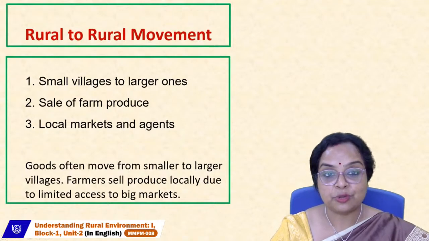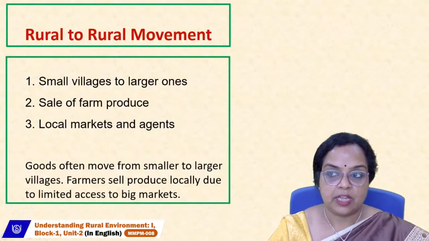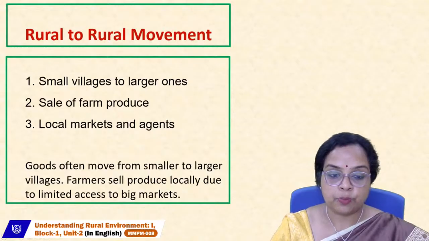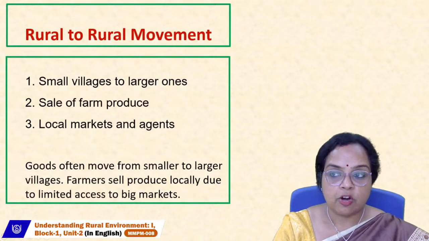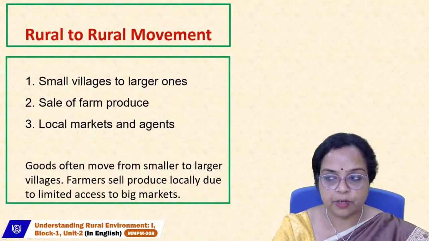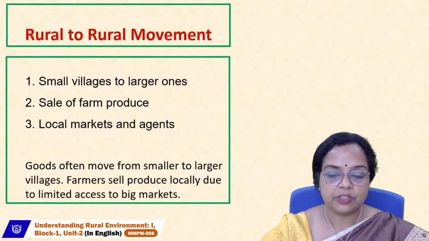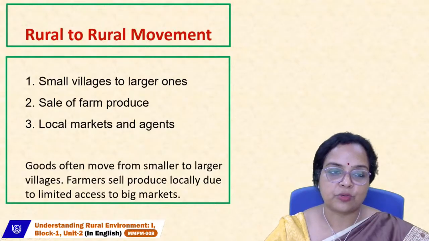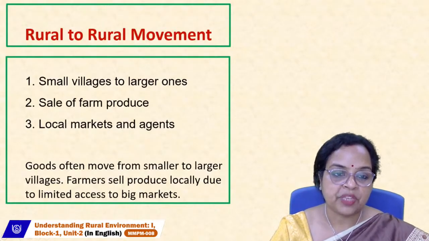This is known as rural to rural movement. He will go to nearby villages that may be larger than his own village, and sell the harvest of his field there. This type of economic flow is known as rural to rural movement.